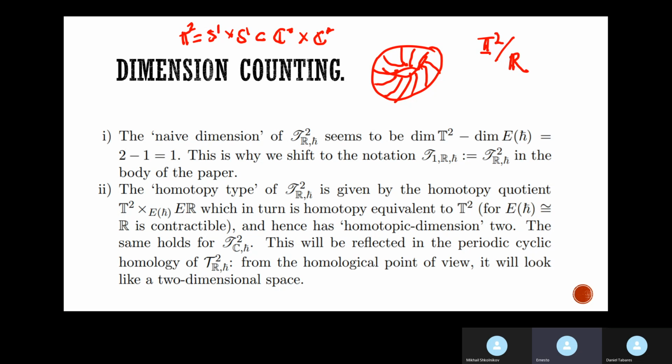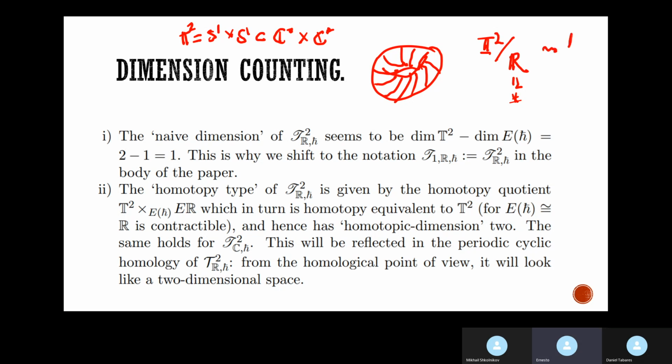You have to choose a category. We chose the category of stacks to make sense of this quotient. But homotopically, R is contractible. So homotopically, the dimension of this is just T2. It's just 2.